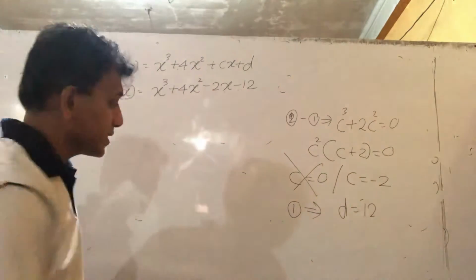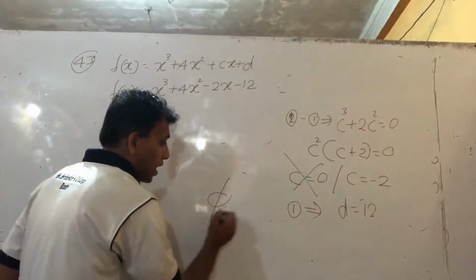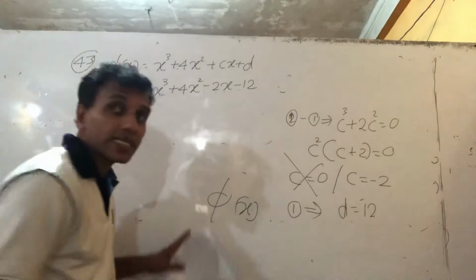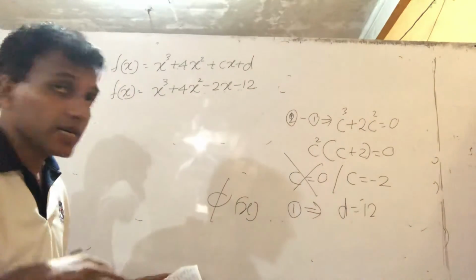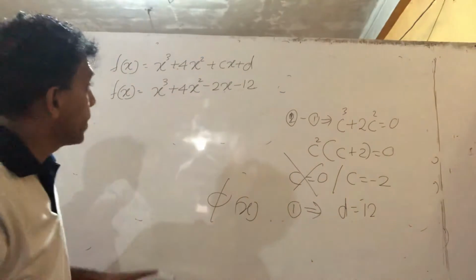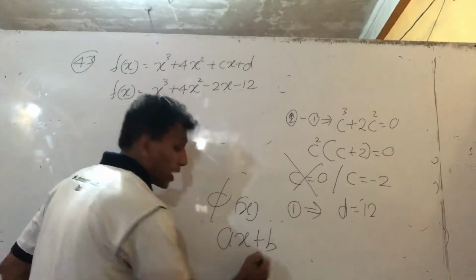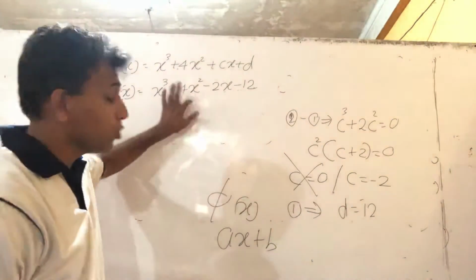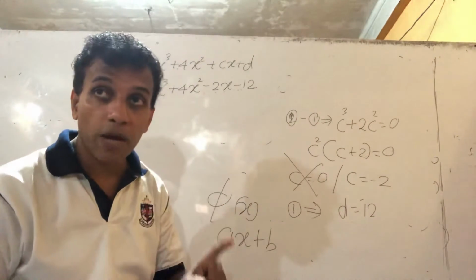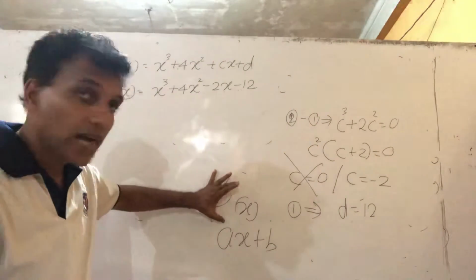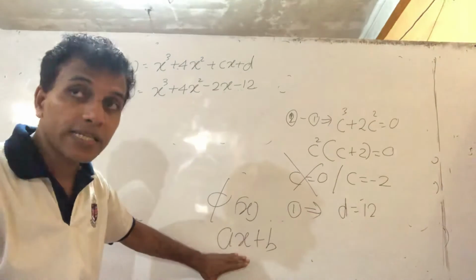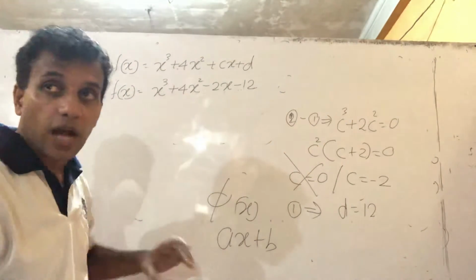So I take the remainder in the pattern of ax plus b. When this polynomial is divided by x square minus 4, this is the remainder. Now write an identity form.